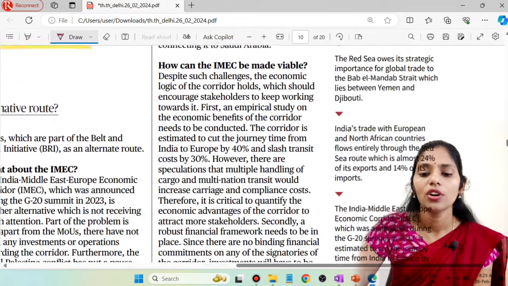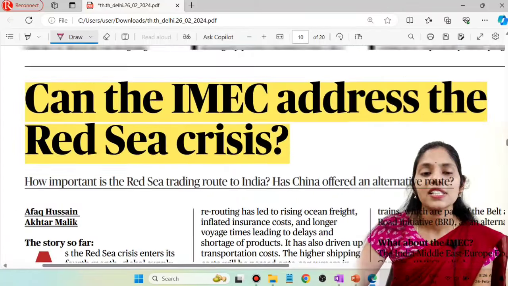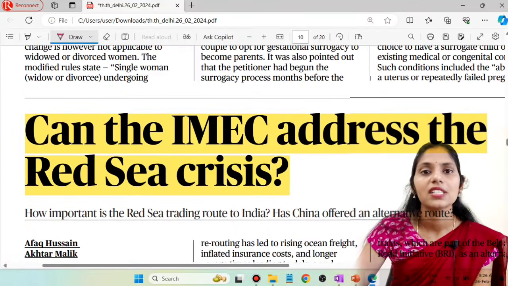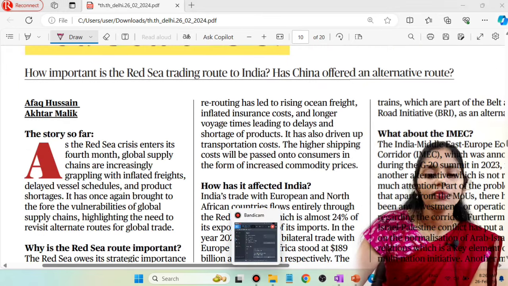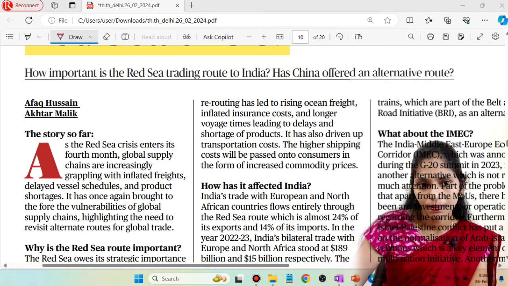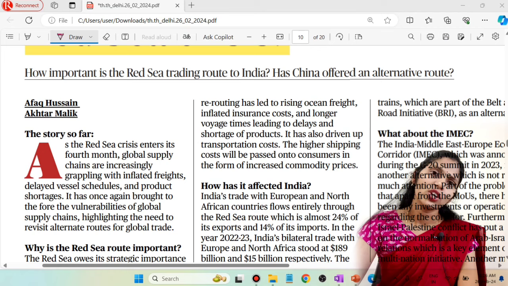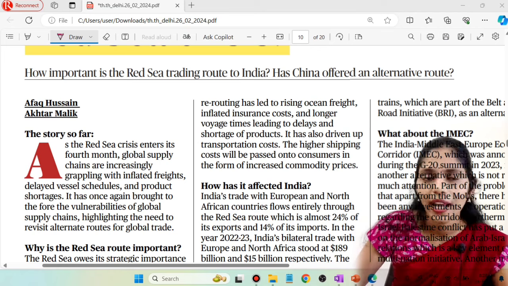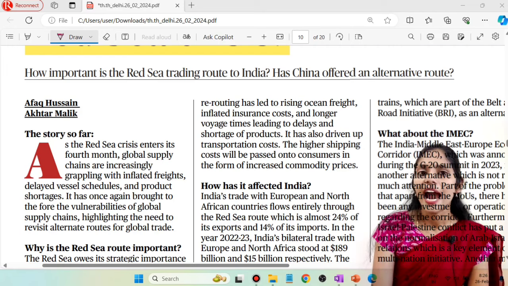If you move on to the next article in the Text and Context section, the title asks whether the IMEC can address the Red Sea crisis. Here you have to focus on the Red Sea, it is very important. The crisis is going on in the Red Sea: the Yemen-based Houthis started attacking ships and merchant vessels moving in the Red Sea, and this is affecting international trade.